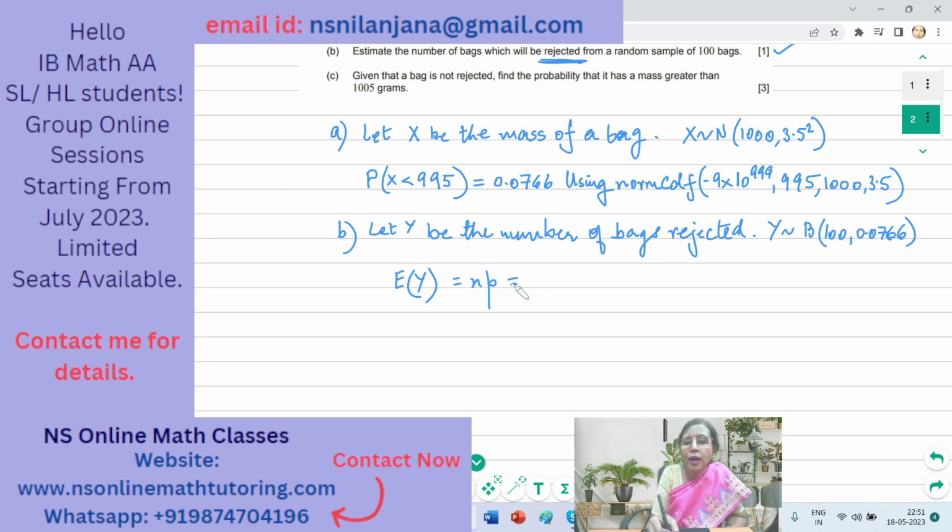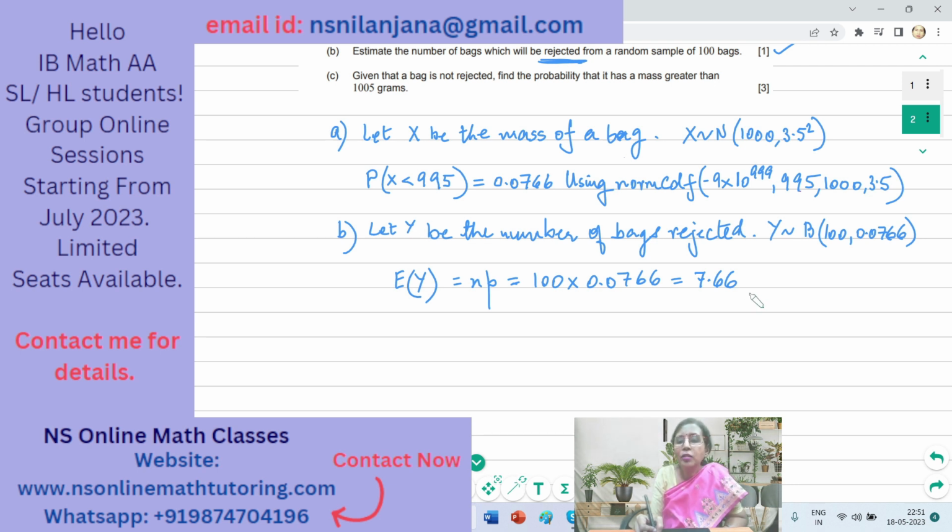n is equal to 100, p is equal to 0.0766, which is equal to 7.66. So you may keep the answer as 7.66 bags because it is the estimated value.